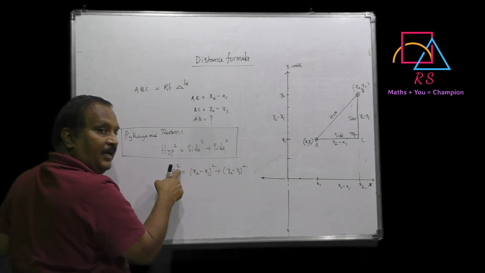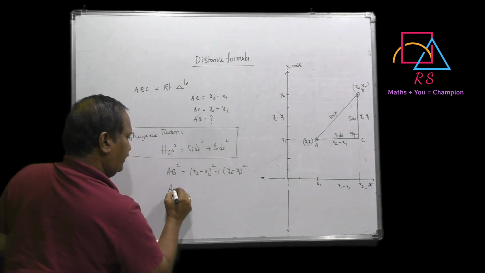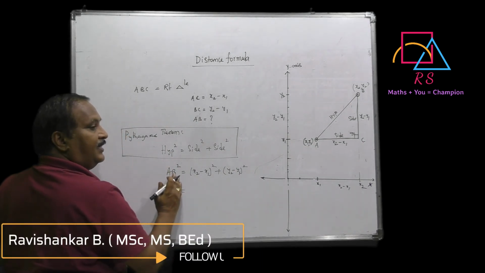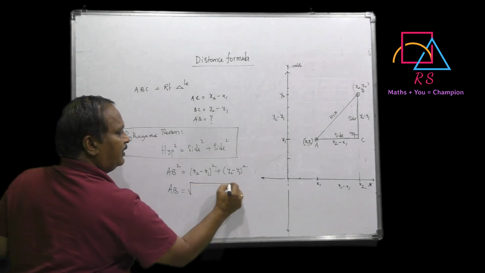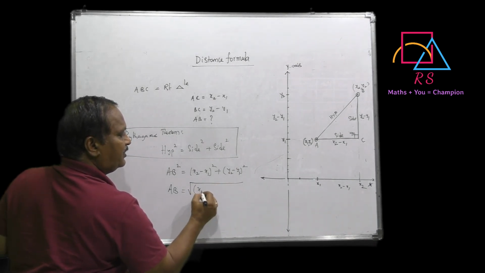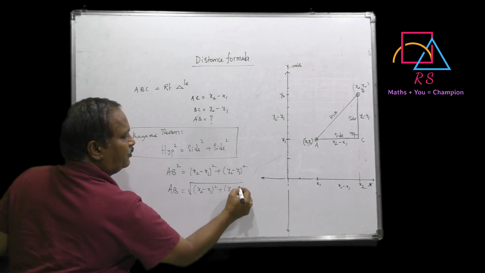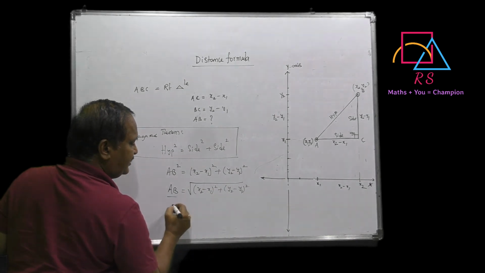We want only AB, we don't want the square of AB. So AB is equal to, if you remove the square on the left hand side, it will become the square root of the other side. So how much? Square root of x2 minus x1 whole square plus y2 minus y1 whole square. So this is the distance.